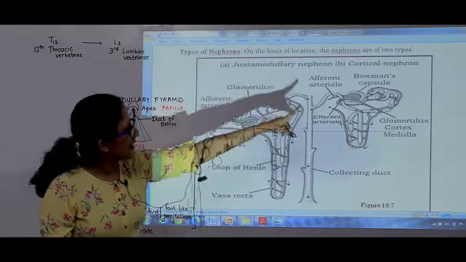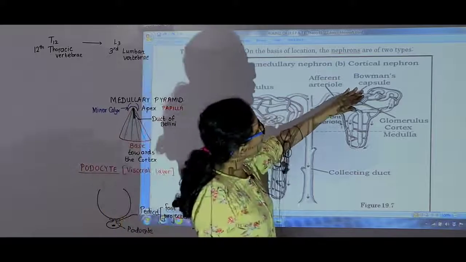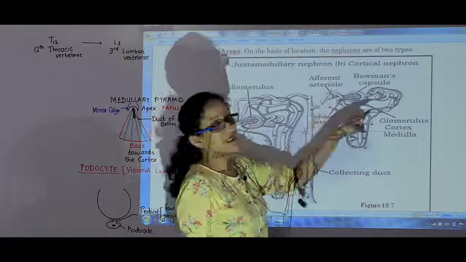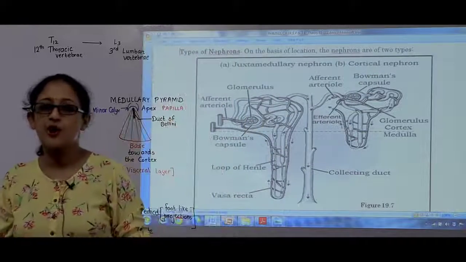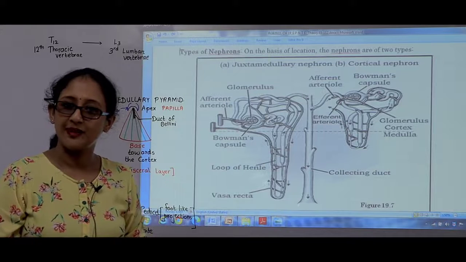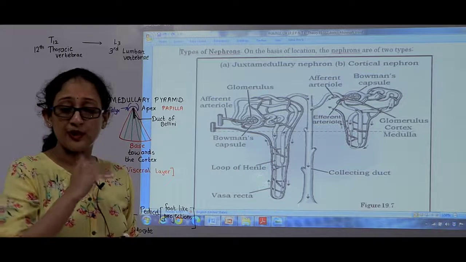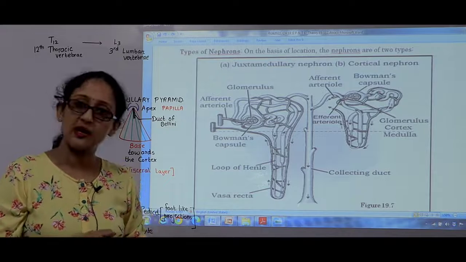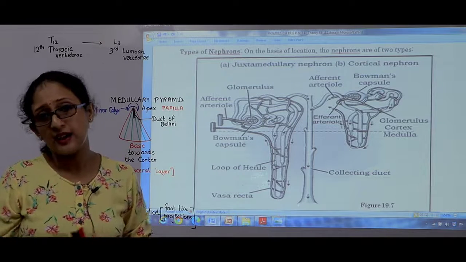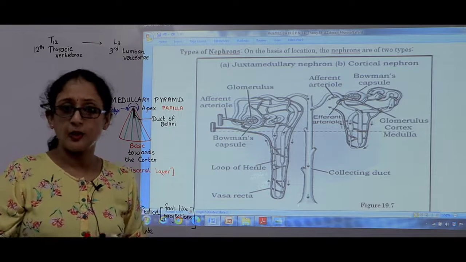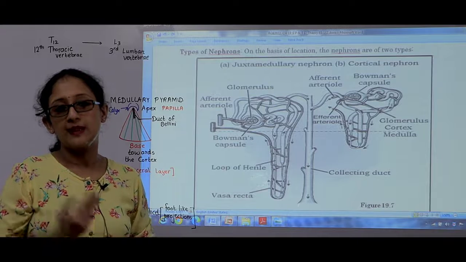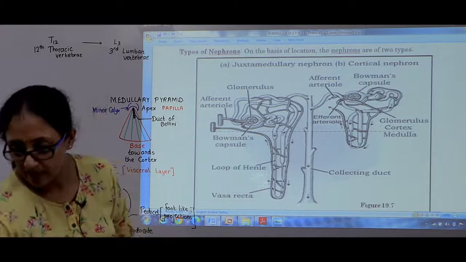Whereas in cortical nephron, the Bowman's capsule is more towards the surface, just below the surface of the kidney. So, even the positioning of the Bowman's capsule is different, even the lengths of the Henle's loop are different. An easier way to learn this answer is like a difference between.